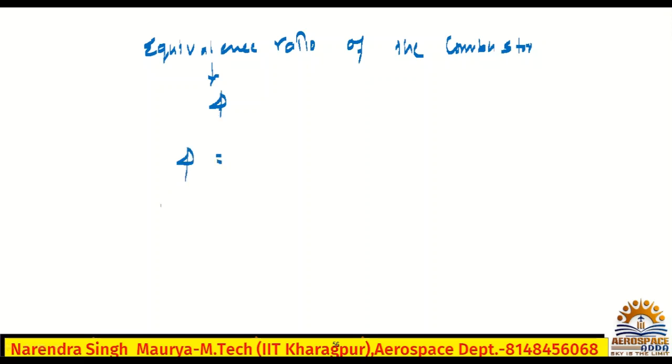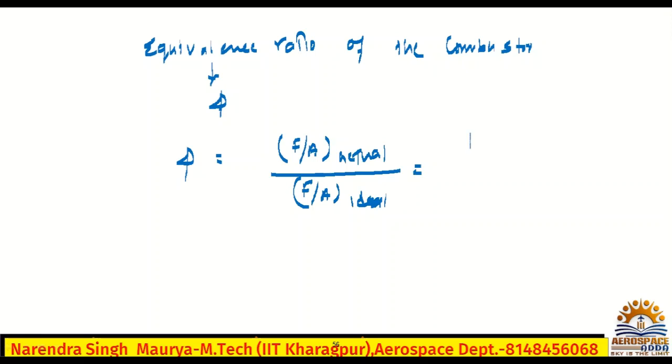What is phi? Phi is nothing but the fuel air ratio actual divided by the fuel air ratio ideal, that is, stoichiometric, ST.